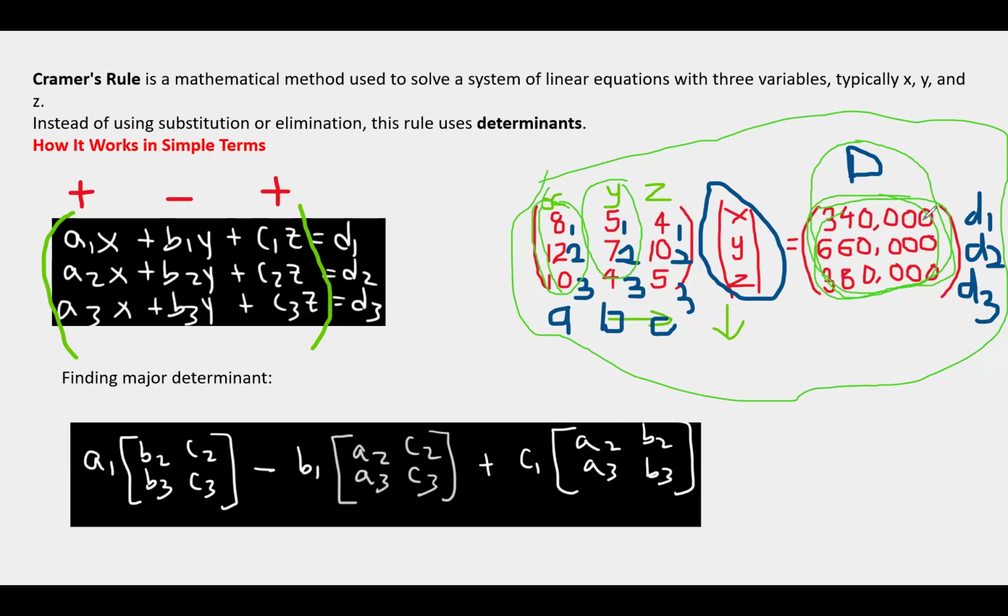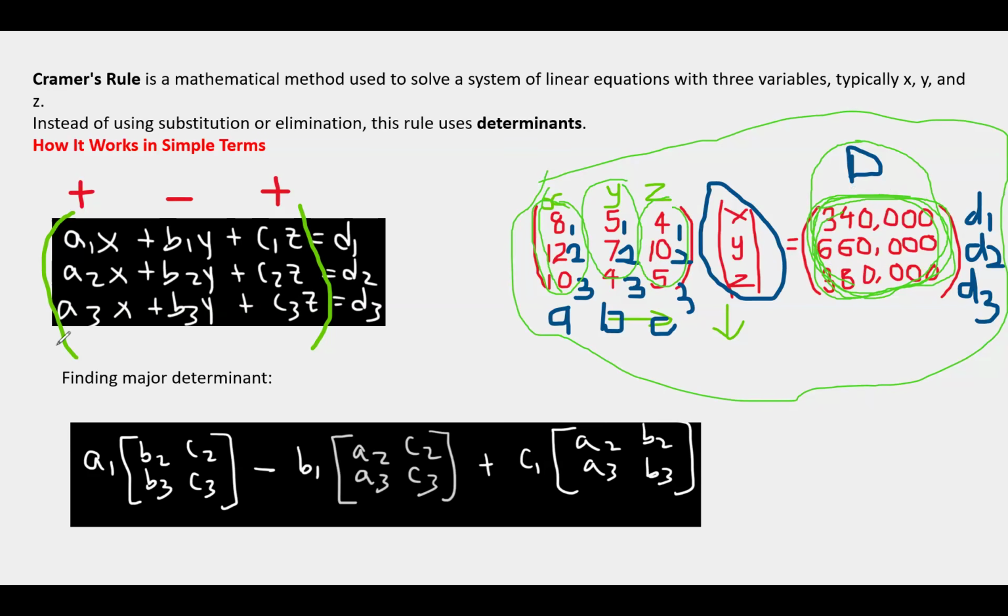When you're finding z, you're going to get these totals and put them under the z column, i.e., you're going to forget about the 8, the 12, the 10, and you're going to now put 340, 660, and 380,000. Okay, I believe that's clear.